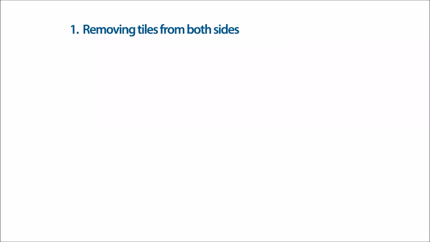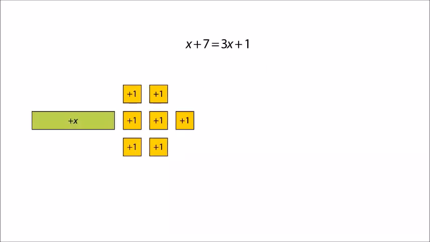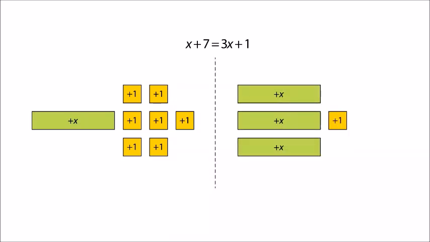First, an equation that shows how we can remove tiles from both sides. The equation x plus 7 equals 3x plus 1 has positive x terms and positive number terms on both sides. We can use the tiles to represent the equation, separating the two sides of the equation with a line.